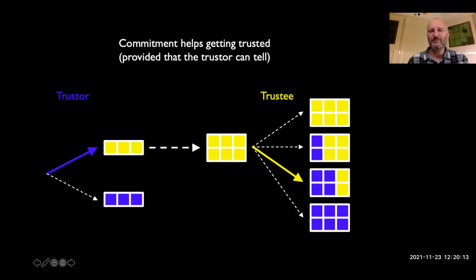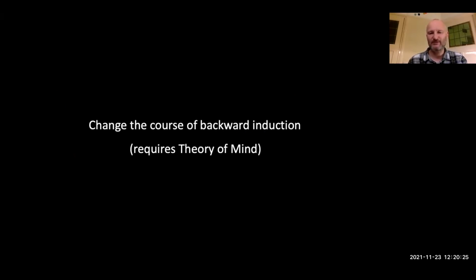So the purpose of commitment is to change the behavior of the first mover, and in game theory terms, that would be that you want to change the course of backward induction. And for that, you need, of course, that the other player knows what it is like to be you and can imagine that some people have different preferences than others. And that is all part of theory of mind. So for this to work at all, you definitely need to have theory of mind.